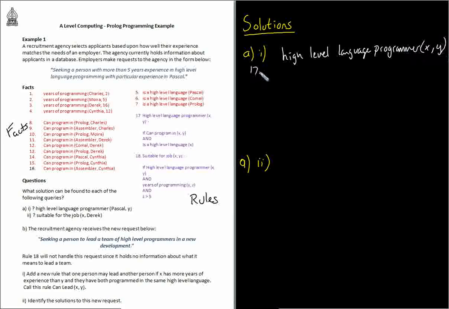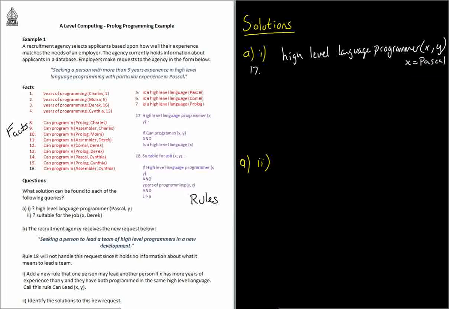Remember to list all the clauses that you use, and that was rule 17. But I know that because of the question that's being asked, the variable X equals Pascal. So I can substitute that in.